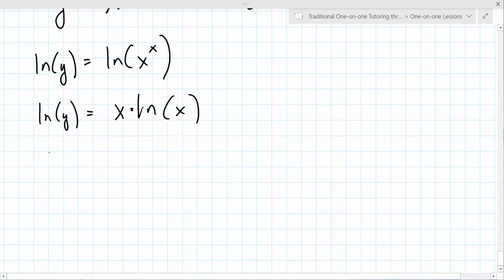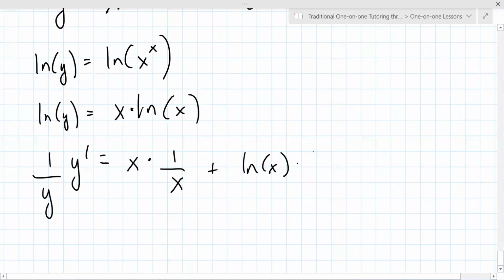Okay, let's just check this line here. So x times 1 over x plus natural log of x times 1.